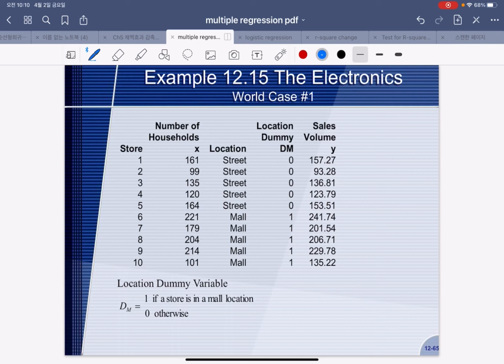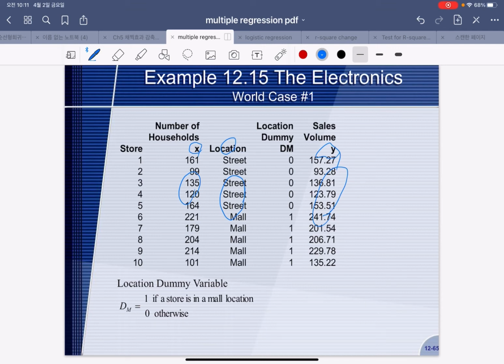Suppose you have a dependent variable here, and we have two independent variables: one is the number of households, and the other is the location. This one is a quantitative variable, and this one is also quantitative. But location is a qualitative variable, right?